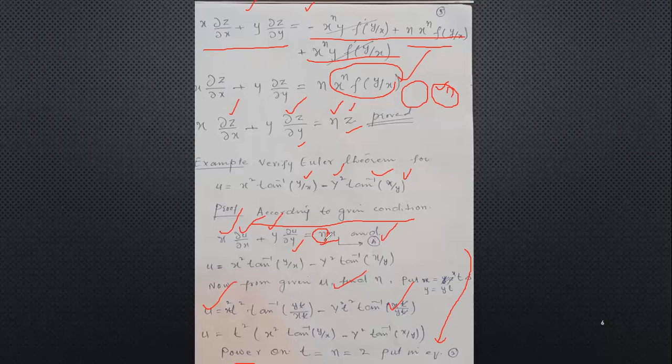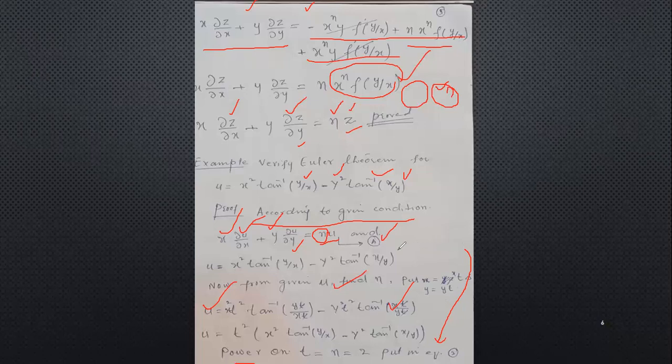For n, in the given condition we substitute x is equal to xt and y is equal to yt, and after that we take t common, and we see what power of t we have, and that power we consider n.